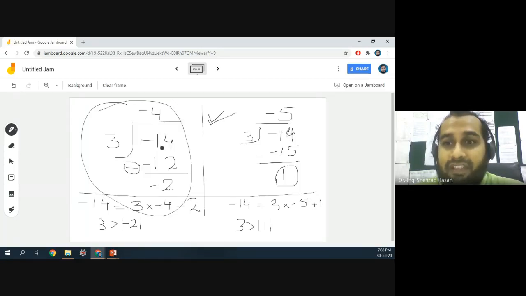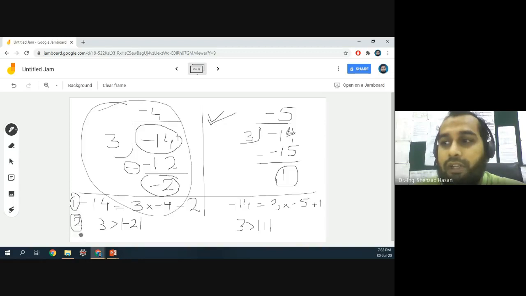The thing that you have to look for is that the sign of the dividend should match the sign of the remainder. Now this is another rule. That's the third one. We have got the first one here, the second one here.